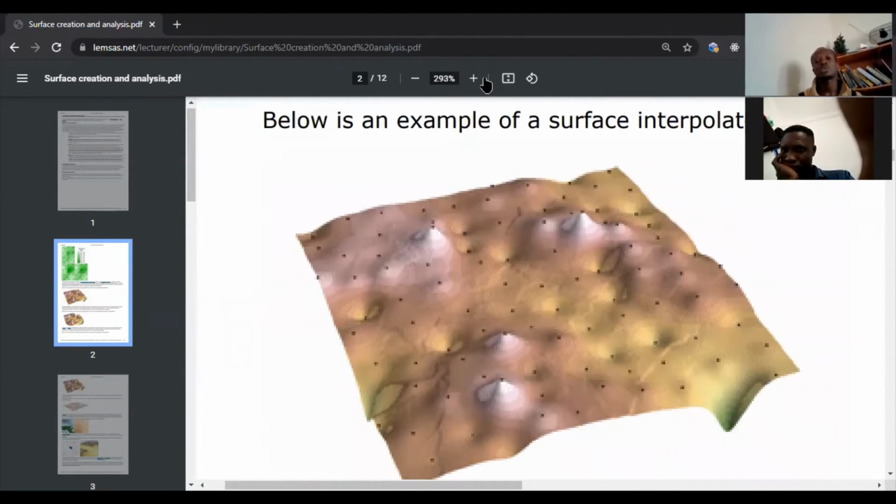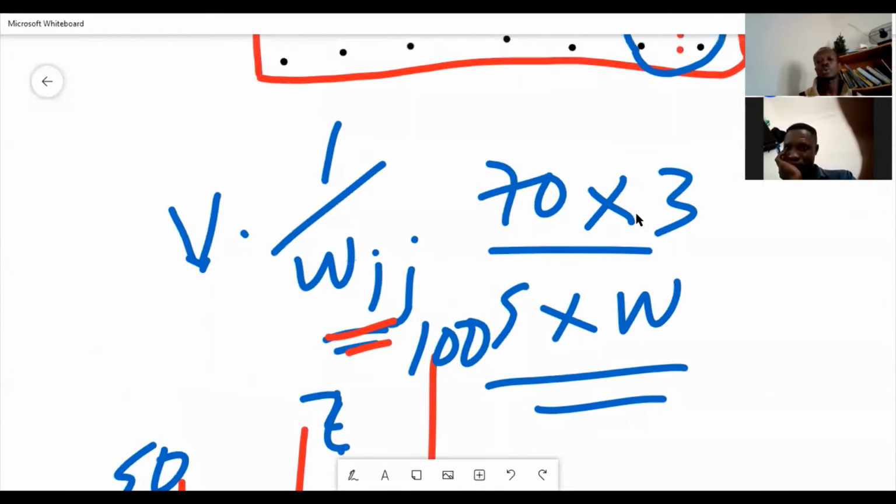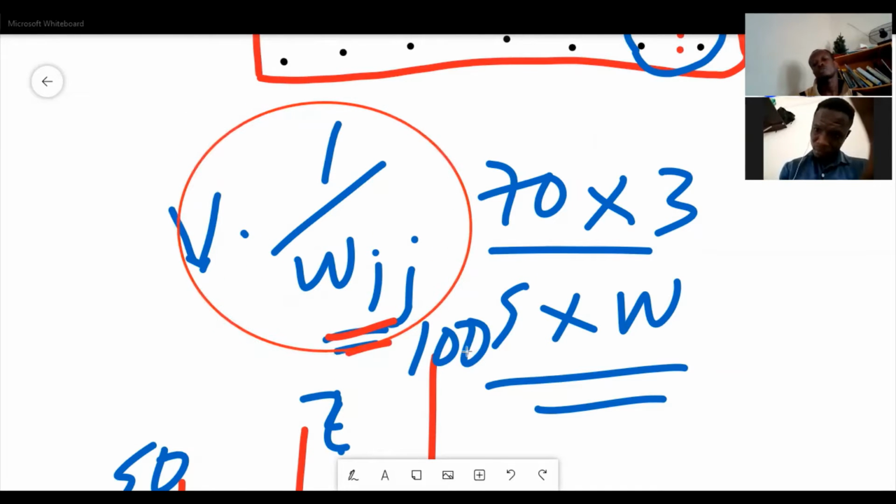And in IDW, as opposed to your cumulated weighted averages, we make use of an inverse of your weight, and the weight is the distance. So 1 over the weight, where weight is the distance of any point from the point of known value.